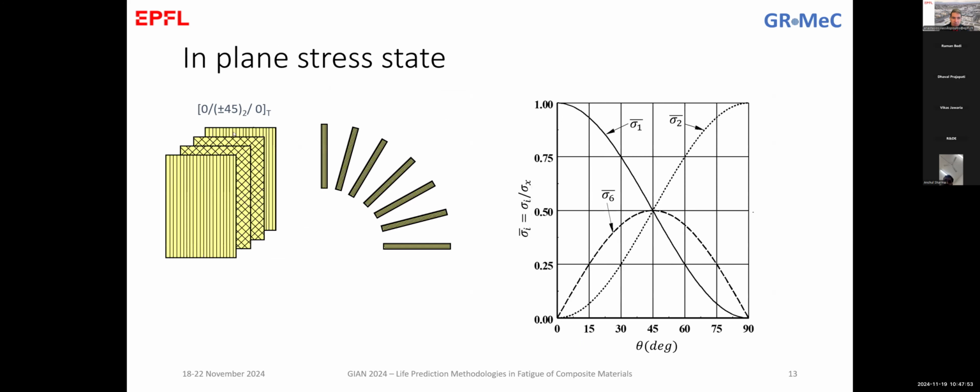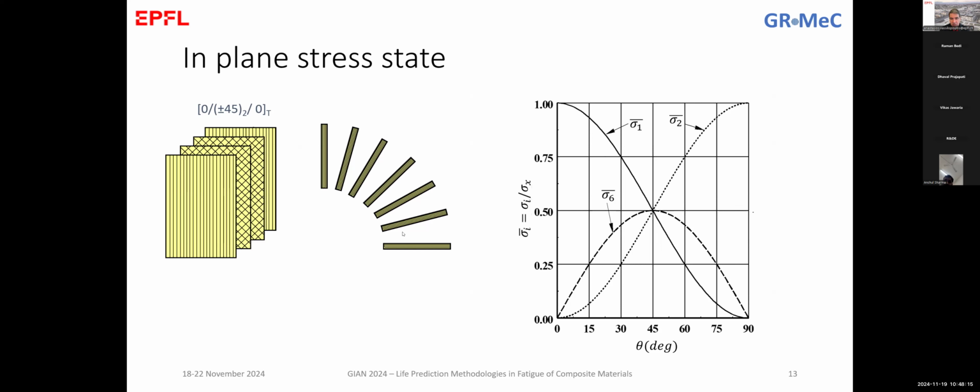So the way of preparing the laminates was more or less like that. It's a visualization of what we were discussing before. We have a laminate with 0, plus, minus 45 two times, and 0 layers, plies, and we cut specimens at different orientations.